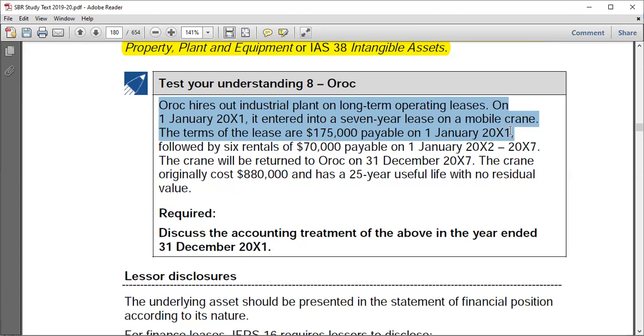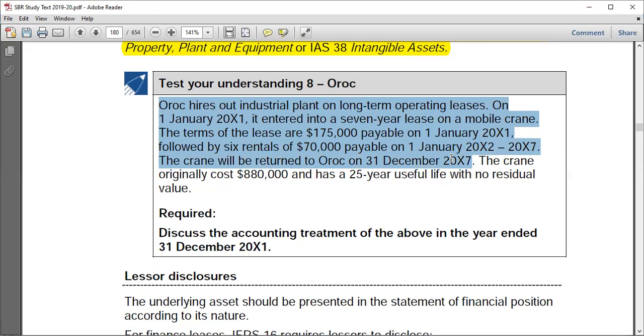That means payable in advance, on the date the lease is entered into, followed by 6 rentals of $70,000 payable on 1st January 2022 to 2027. So simply speaking, it's a 7-year lease, payable at the beginning of each year, while at the very beginning $175,000 is paid, while $70,000 is paid in the subsequent years. The crane will be returned to Orok on 31st December 2027.